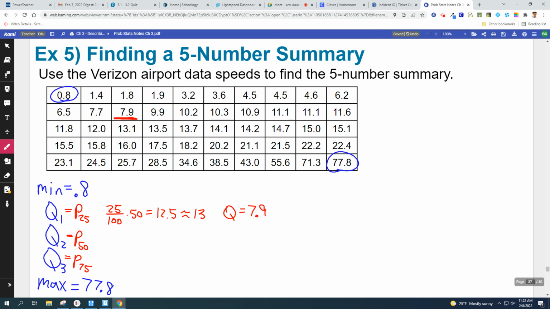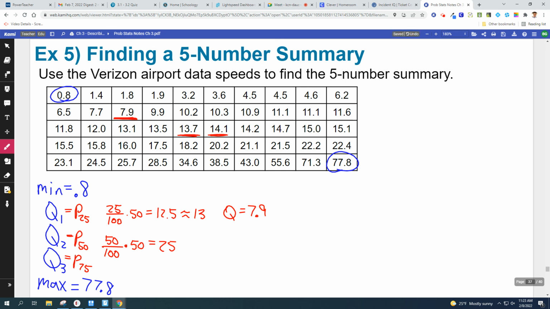And P50. The locator is 50 over 100 times the number of numbers, 50. That's going to equal 25. Remember what to do if it's a whole number: you find the 25th number and the 26th number and find the middle of those two numbers.